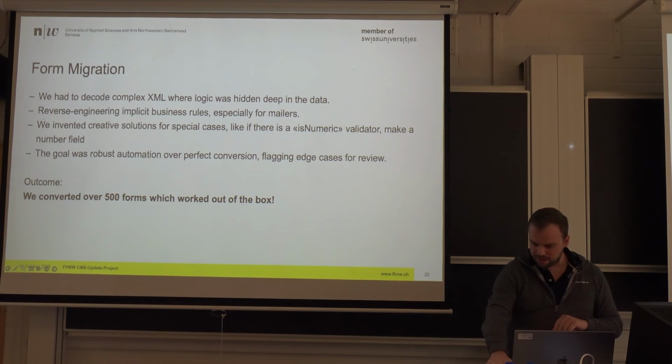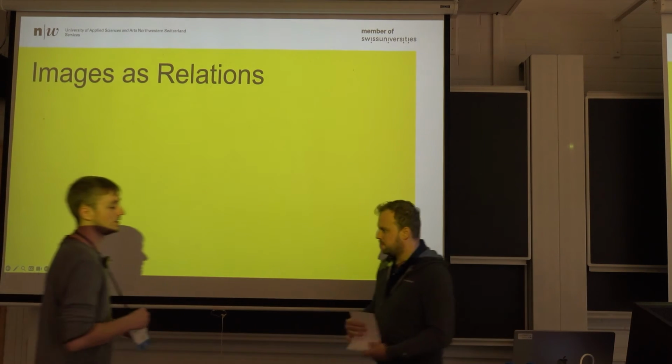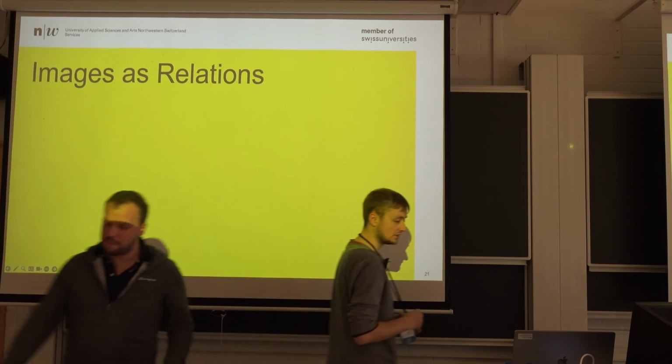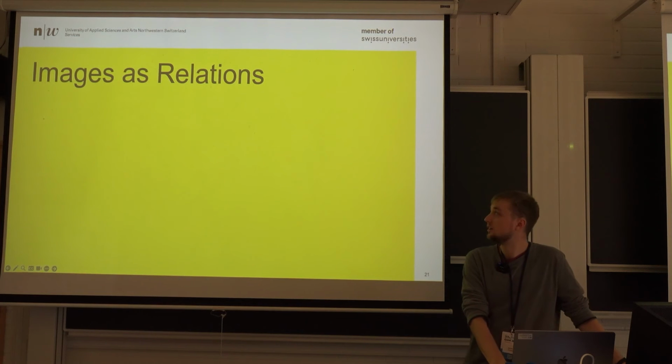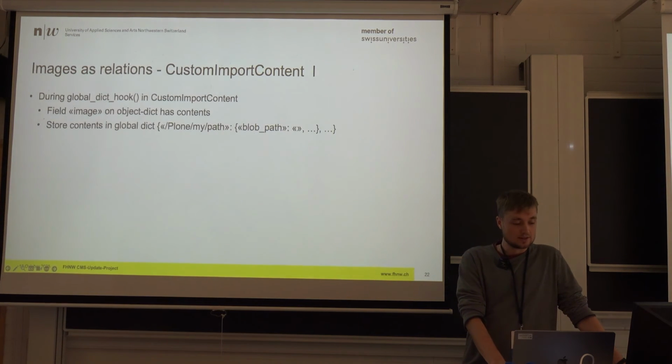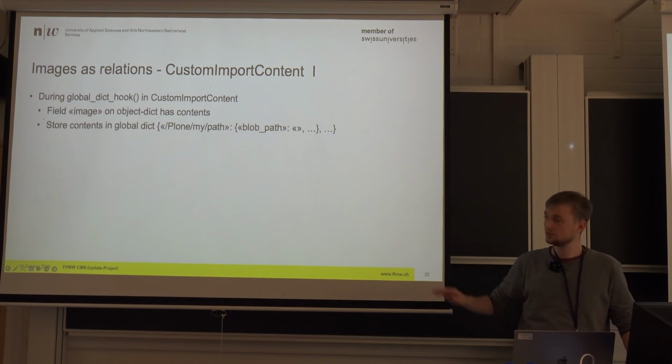Yep. Back to Adrian. Yeah, let's get to the images, which are now relations or single content items. We do relations to it. Well, I covered some topics already, but I just want to give the whole thing again.